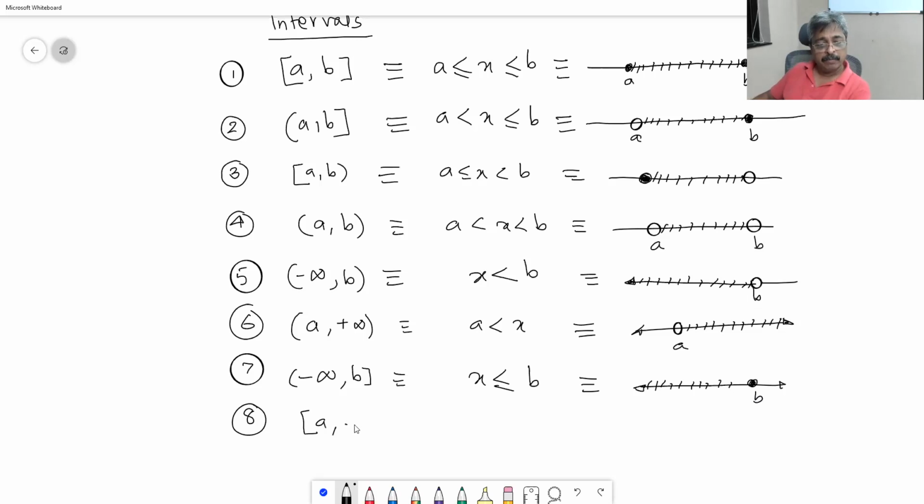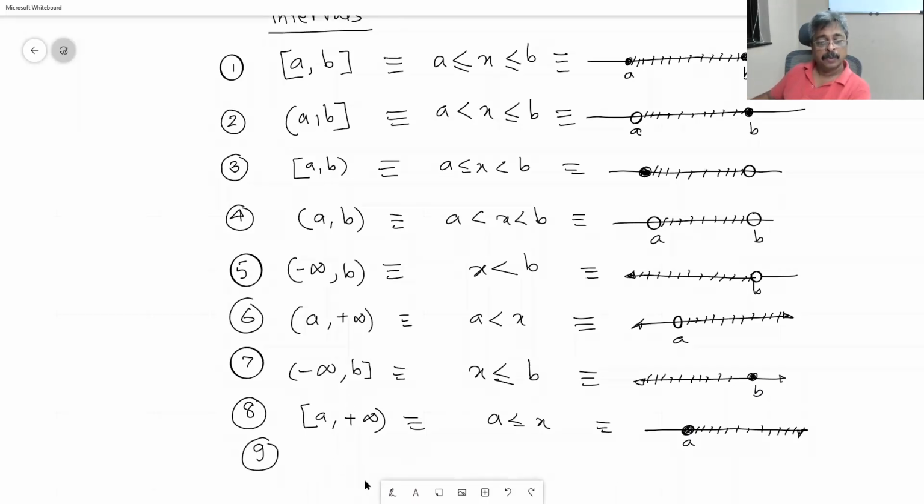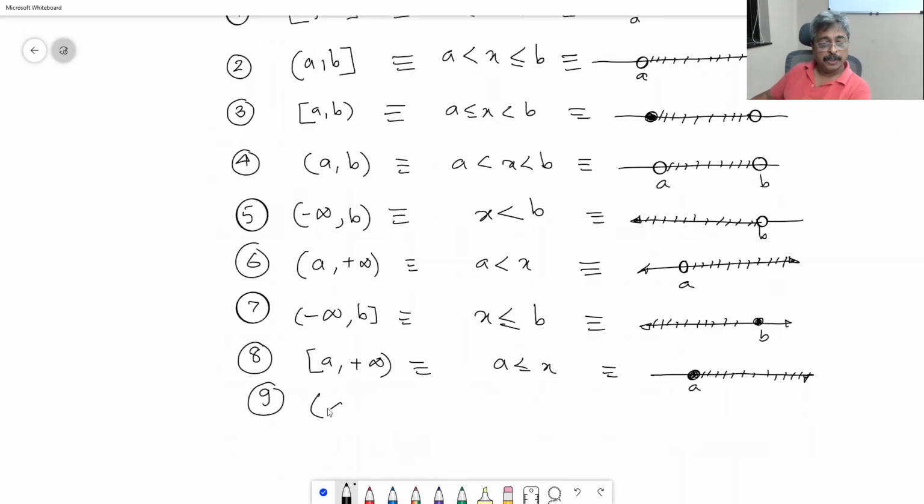Closed interval a to plus infinity. 9. Minus infinity to plus infinity.